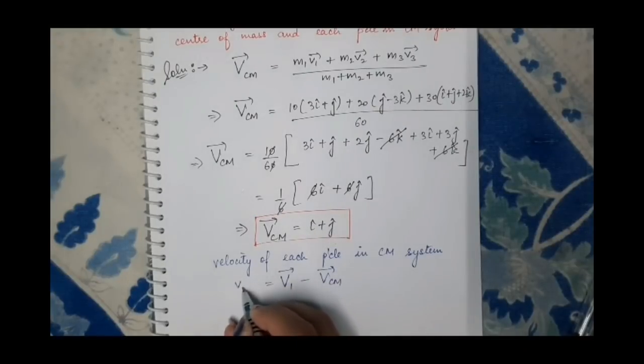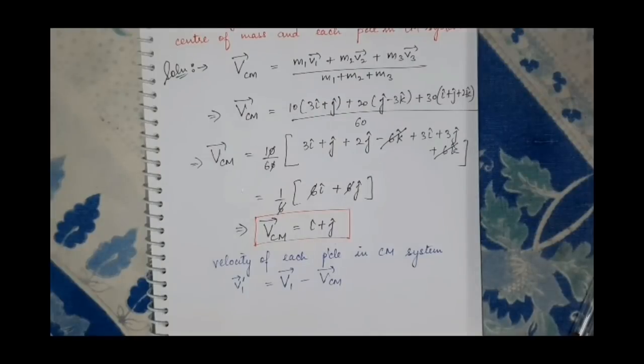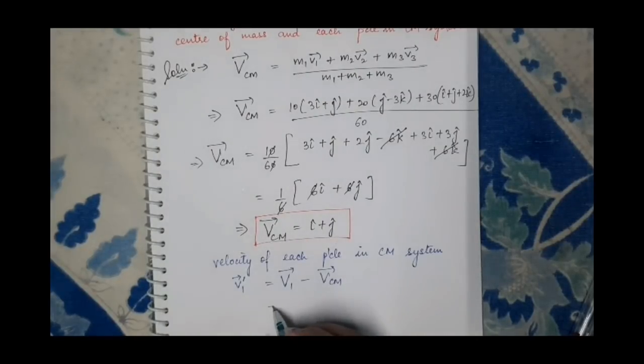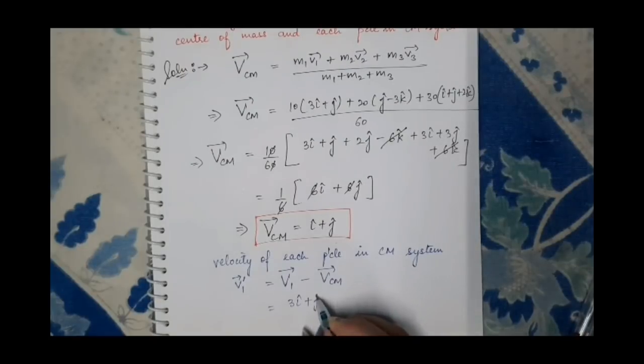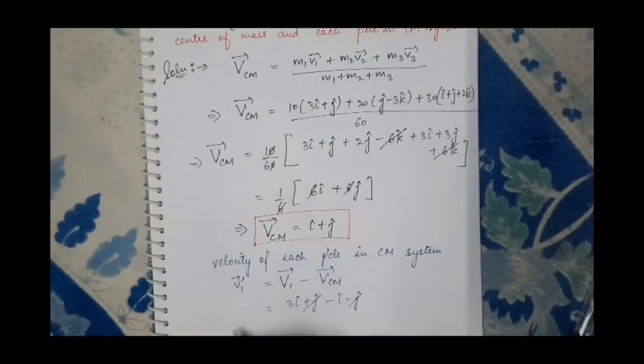So V1 dash, that is the velocity of the first particle in center of mass system. What is V1 vector? It is 3i plus j minus I cap minus j cap. So it will be cancelled out. So the velocity of the first particle in center of mass system is 2I.